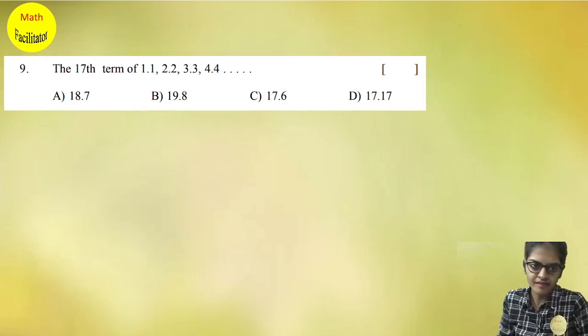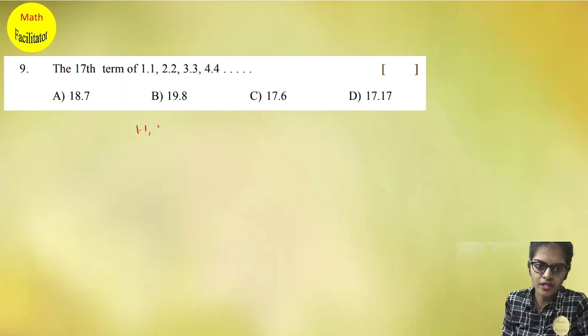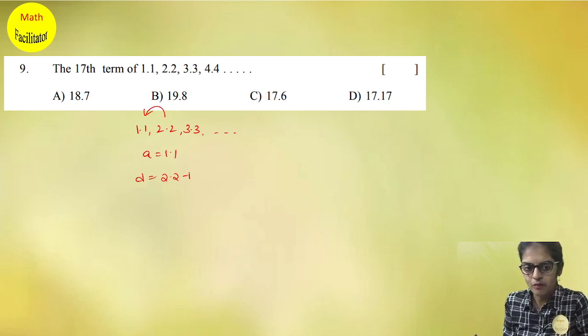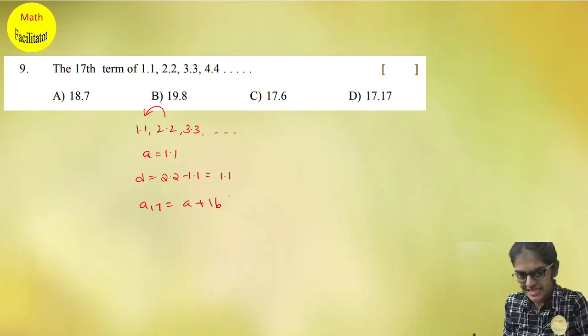Okay. 17th term of the AP, 1.1, 2.2, 3.3, and so on. First term is 1.1, common difference is 2.2 minus 1.1, 1.1 again. So 17th term means A17, A17 means A plus 16D, 1 less than 17, 16D.